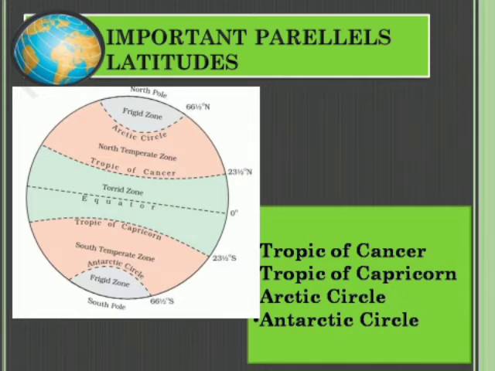Then you just see that the Arctic Circle is located at 66.5 degrees north in the northern hemisphere. Then you just see, children, the Antarctic Circle is located in the southern hemisphere at 66.5 degrees south.